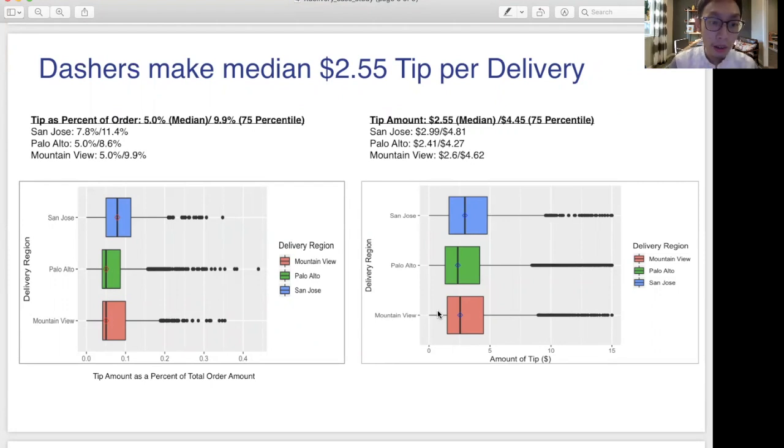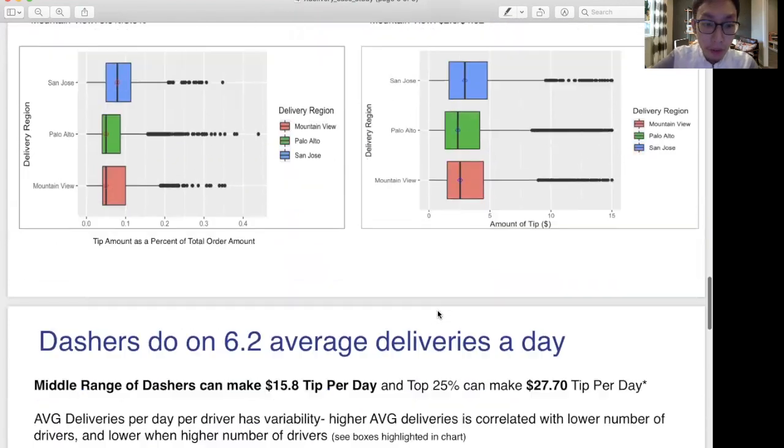So here on the left, we can see the tip as a percent of total order amount, and then on the right is the amount of tip. So it's important to show some of that statistical knowledge around creating box plots to be able to see the min, the median, as well as the max. So you could see that median of 255 tip per delivery.